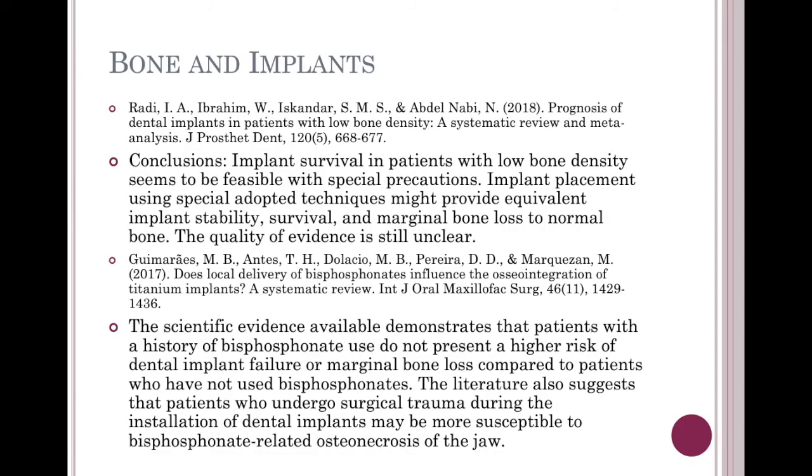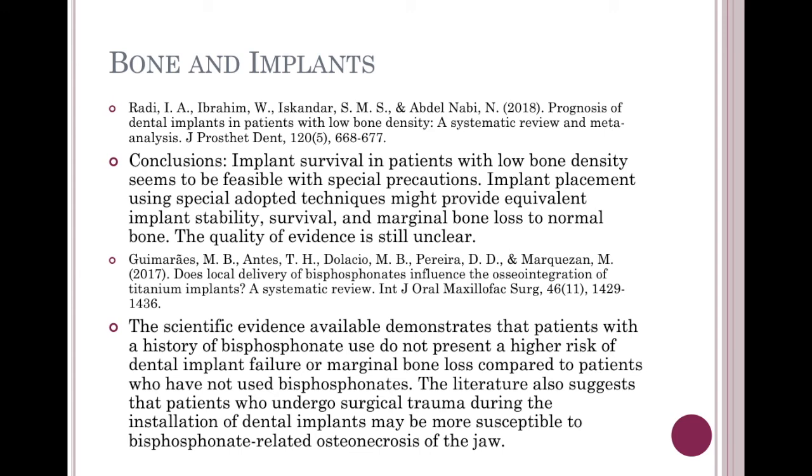So this is just some literature that talks about the importance of bone density in terms of the survivability of implants. And this is talking about how implants in patients with low bone density are possible, but they require precautions. And basically, it's very important to have good bone health, because often you have to graft or have bone substitutes in order to build up the bone in certain cases if there's not enough.